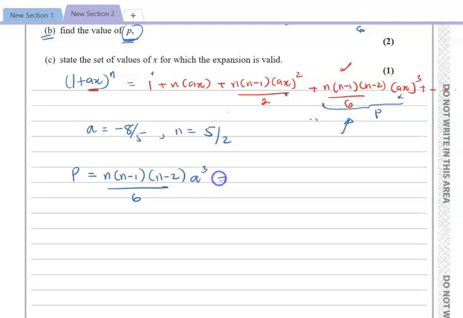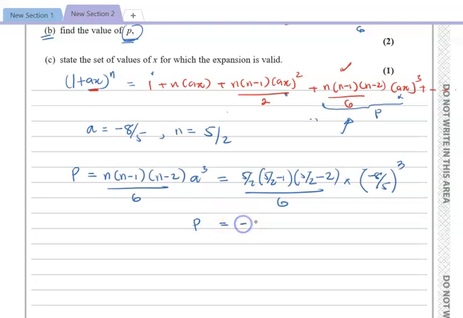So all we need to do here is n, which is 5 over 2, multiplied by 5 over 2 minus 1, 5 over 2 minus 2, all of it over 6, multiplied by a cubed, where a is negative 8 over 5, to the power of 3. And when you press your calculator, you see that your p is equal to negative 32 over 25.